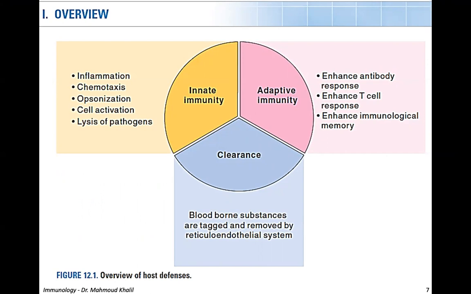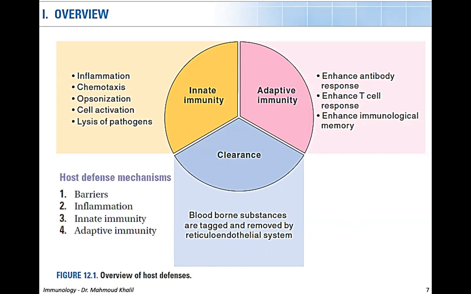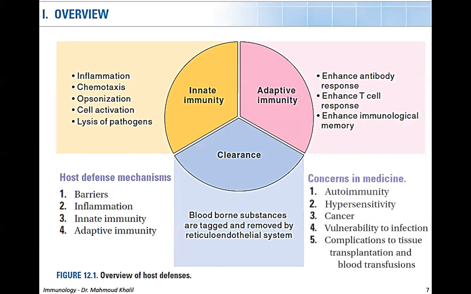of all sorts of invaders, through the process of tagging of this invader. So blood-borne substances or any invader inside our blood are tagged and removed by the reticuloendothelial system, which filters the blood of any invader. So basically, the host defense mechanisms can be majorly divided into barriers, inflammation, innate immunity, and adaptive immunity. There are major concerns with our immunity in case of a malfunction.